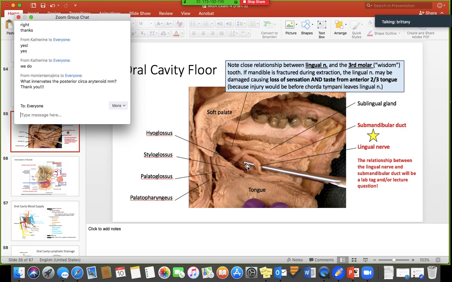They did tag this last year, and they could also ask a lecture question about this. So if somebody has surgery having to do with this duct, they can hit the lingual nerve, and then you're losing sensation and taste from the anterior 2/3 of the tongue.